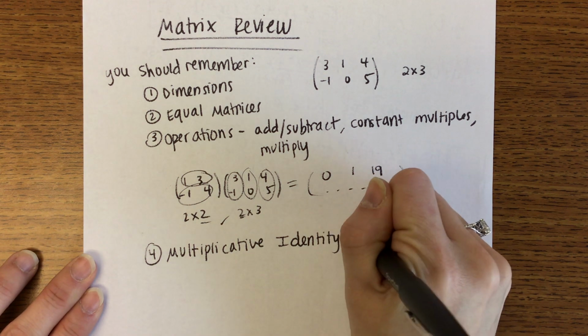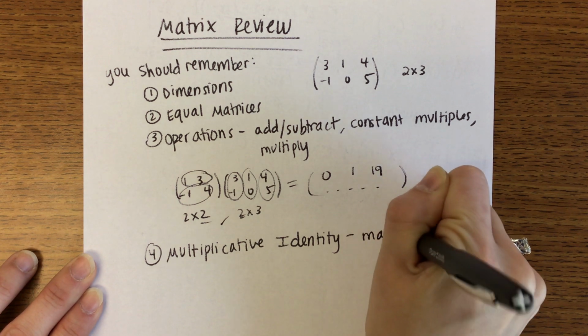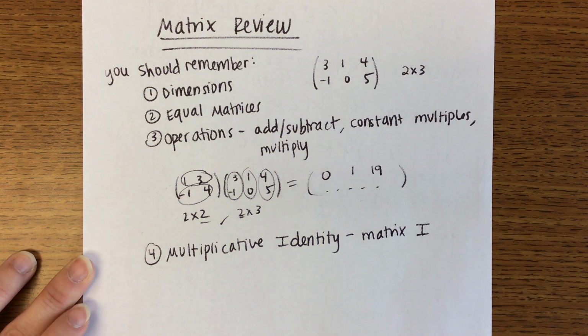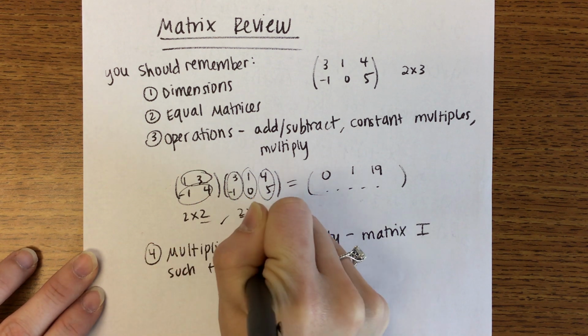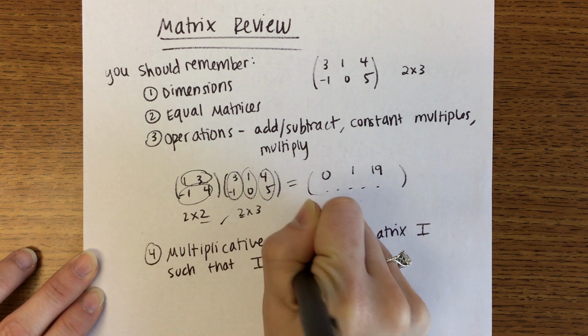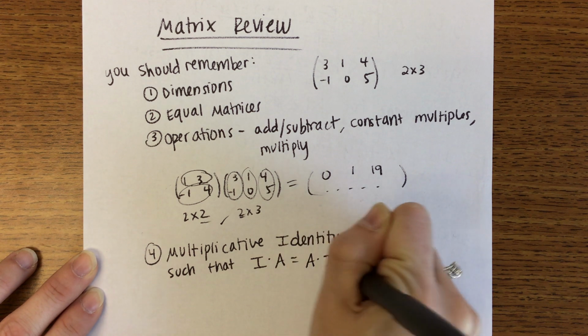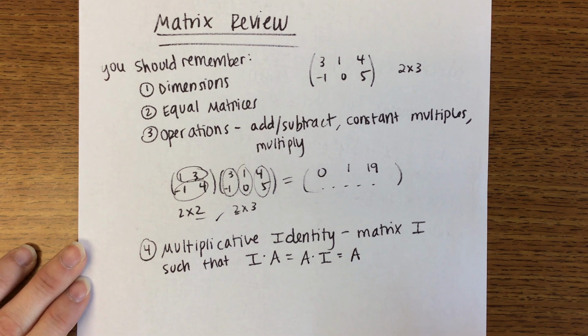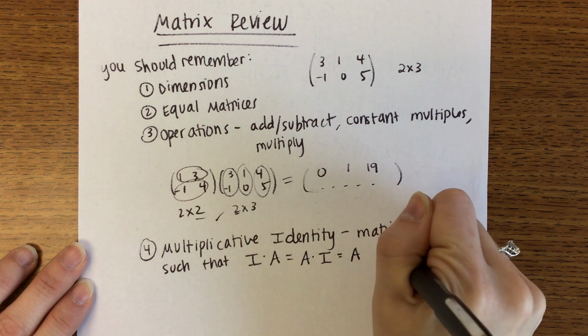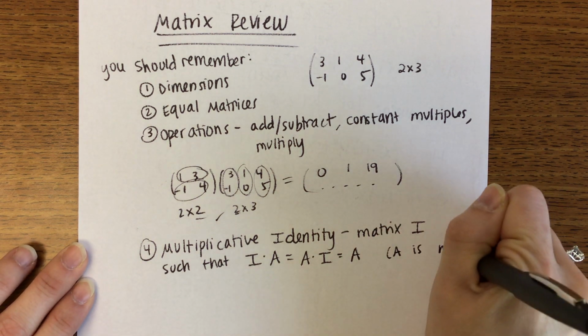Okay, so the multiplicative identity is the matrix I, such that if I take I and multiply it by matrix A, or I take A and multiply it by I, I still get A. A in this case has to be an n by n matrix.